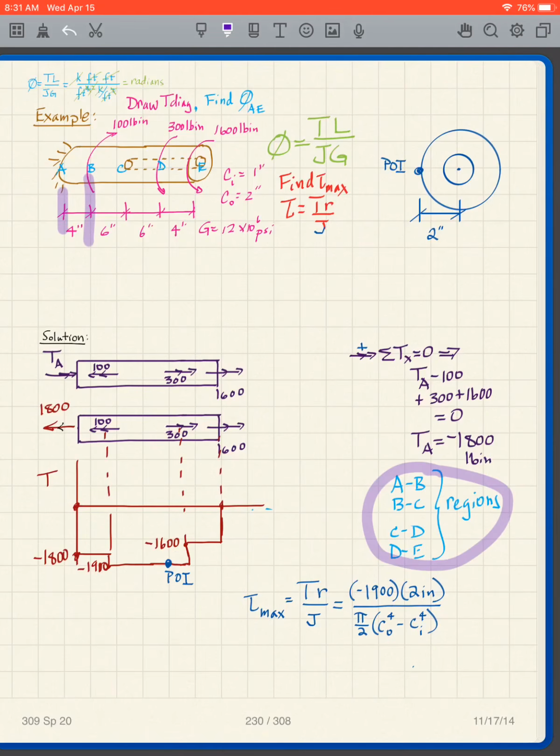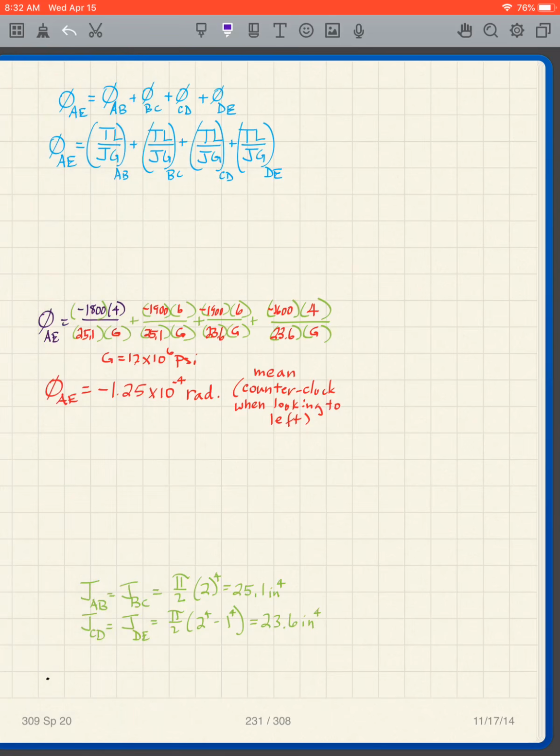I have A to B, B to C, C to D, D to E. So I have all those regions, so that when I do my phi A to E, I have phi AB plus phi BC plus phi CD plus phi DE, which means I have my TL over JG for AB, TL over JG for BC, TL over JG for CD, TL over JG for DE. And now it's just simply a plug-in.